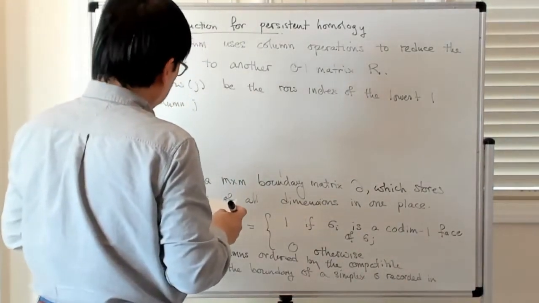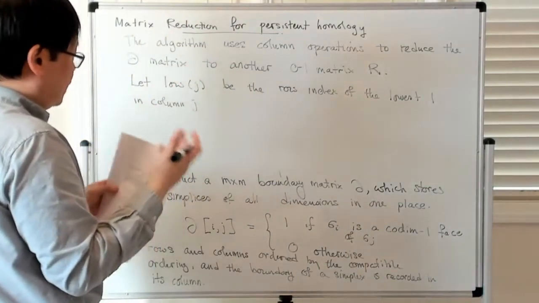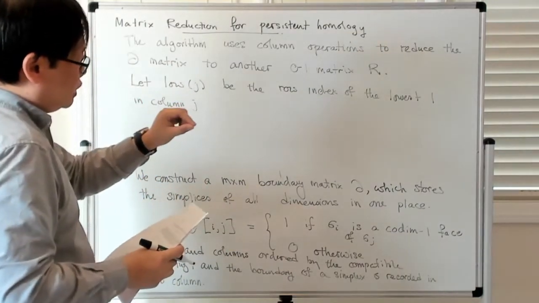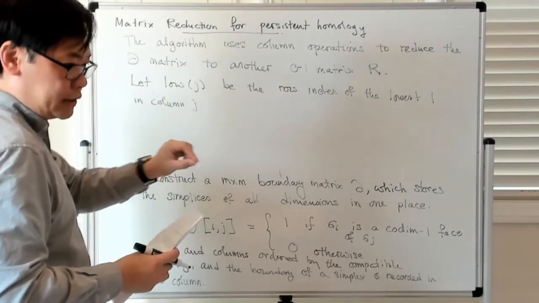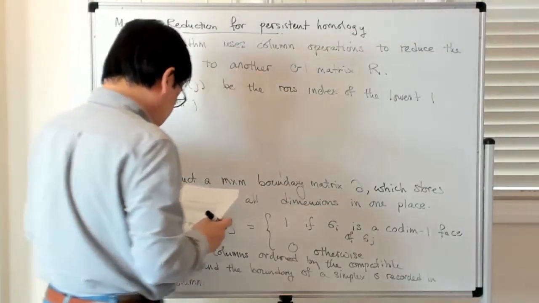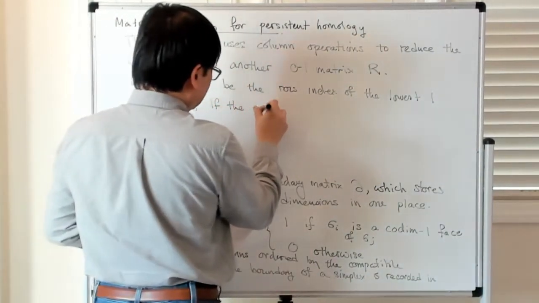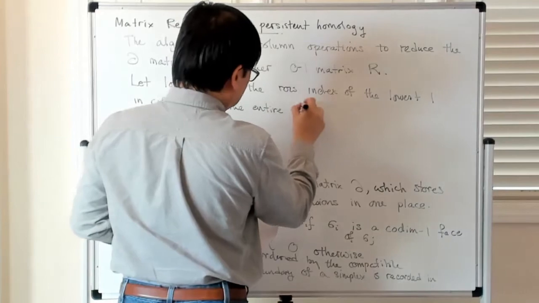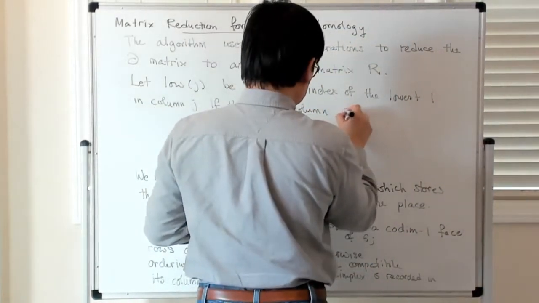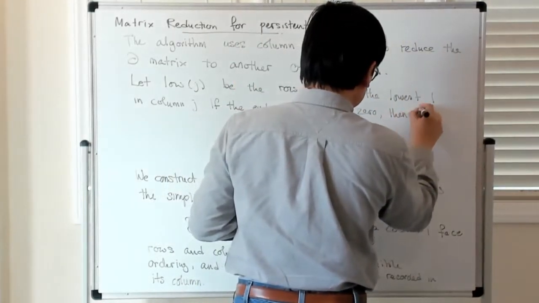This is something which takes a number j, looks at column j, and tells you what the row index of the lowest one in that column is. Okay, so if the entire column is 0, then low j is undefined.